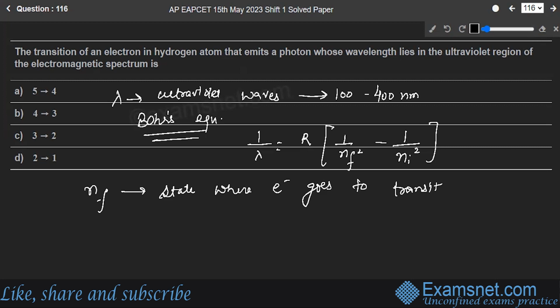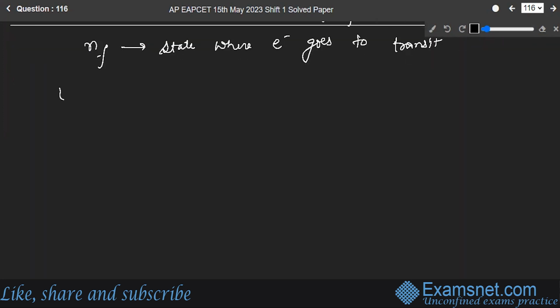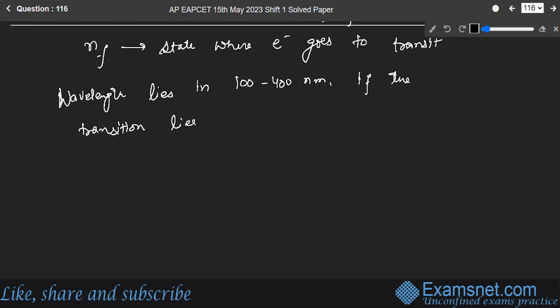So also, you know that lambda lies in the range of 100 to 400 nanometer if the transition is in Lyman series.